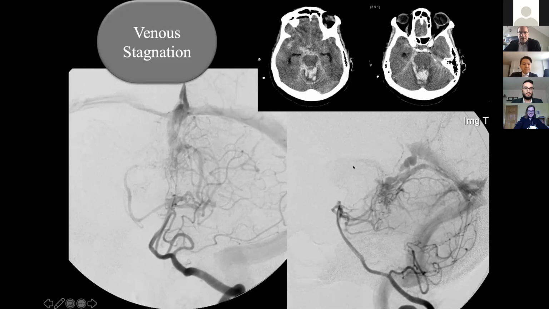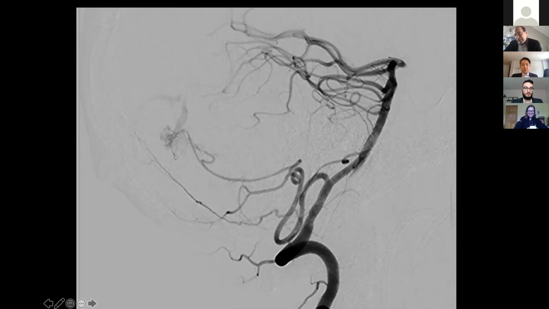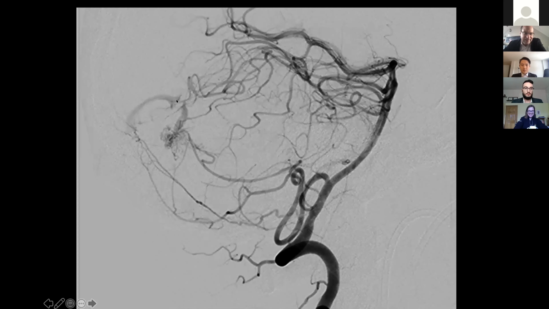So this is something that we like to look at in the follow-up, because we don't need to treat every single brain AVM. But in those where we see the formation of narrow rings within the vein, these are the ones that are at a higher risk of bleeding. And here you can see such an example.